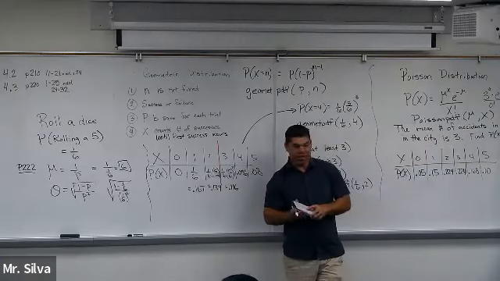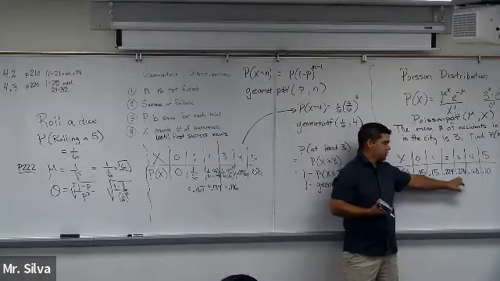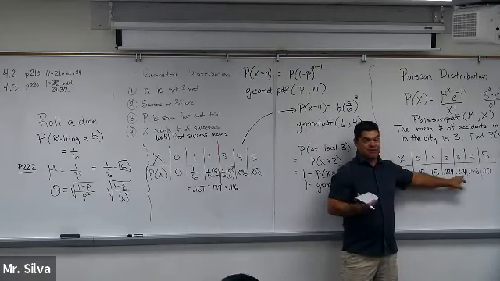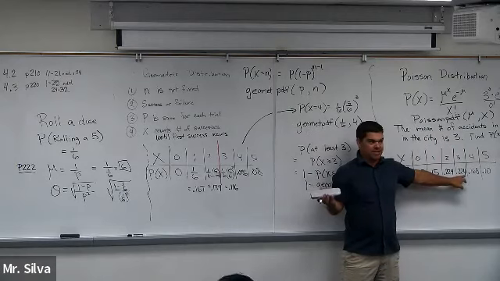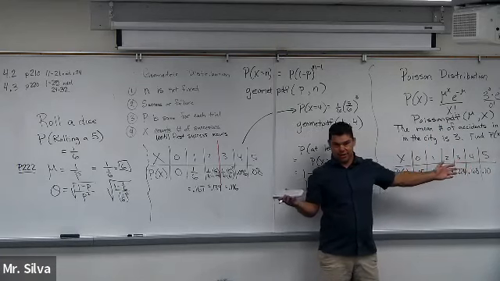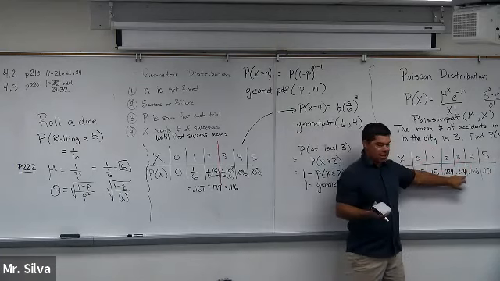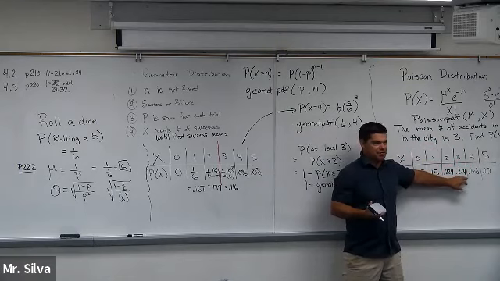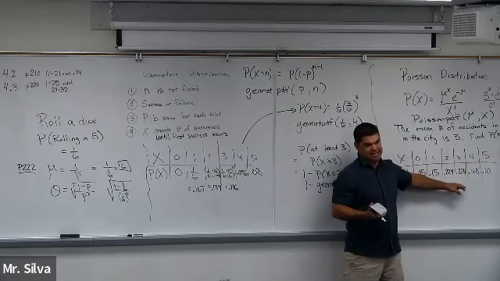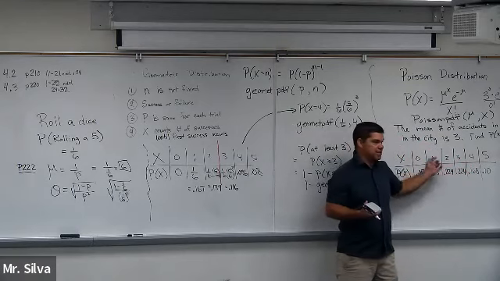The mean is 3. If the average number of car accidents in the city per day is 3, that's the most likely event to occur. The highest probability is at 3. It's interesting that 2 and 3 have the same probability. The reason is the distribution is skewed right.